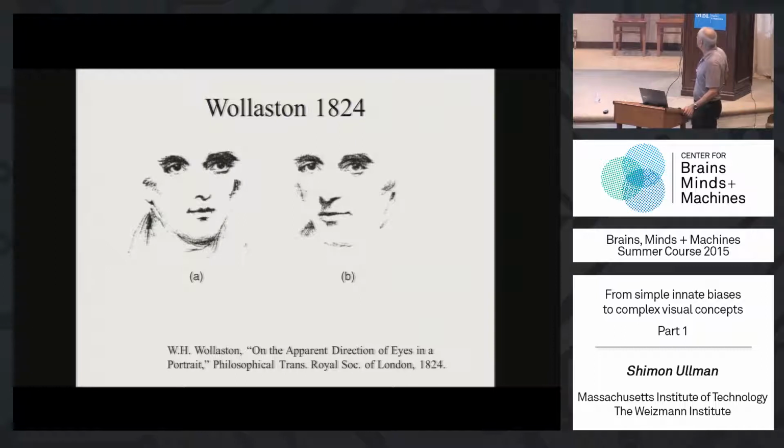The point here, by the way, is that these people look as if they are looking in different directions, but in fact the eyes here are exactly the same. It's cut and paste. It's literally the same eye region, and only the head is turning, and this is enough to cause us to perceive these two people as looking in two different directions.